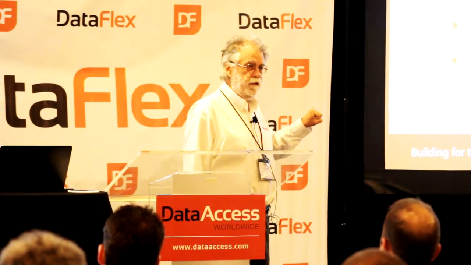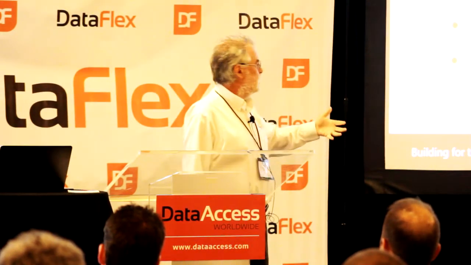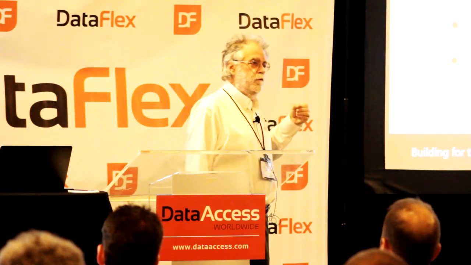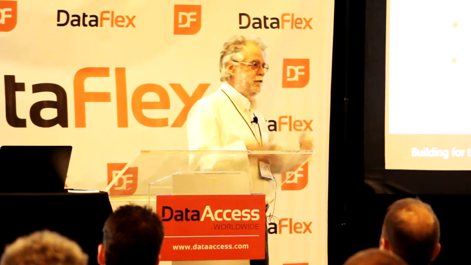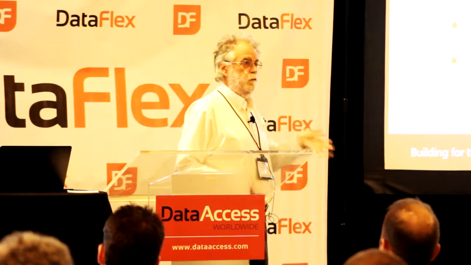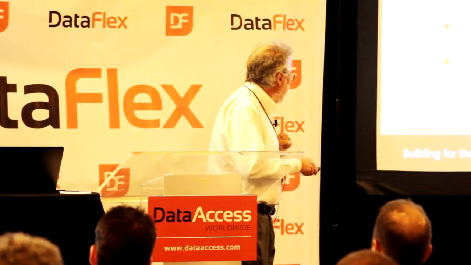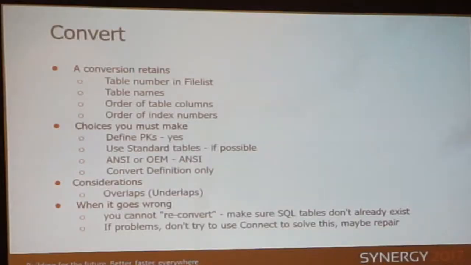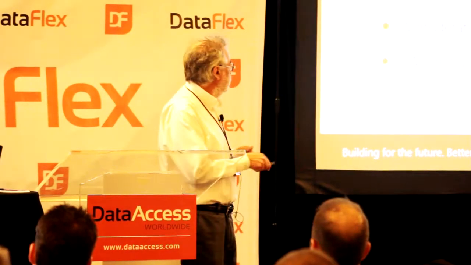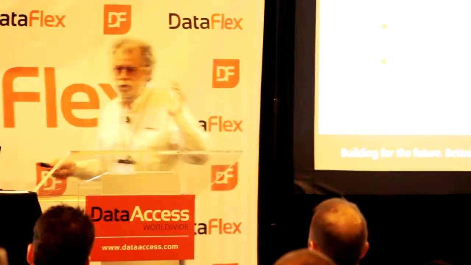What's the solution to that? You go into your back-end tool. First of all, you make sure that you're in the right place, you're doing the right thing, and you really didn't want that previous table, and then get rid of it. The other thing is, if you have problems, then don't go into the connection wizard and try to do a connect, because that's just going to confuse it even further. But you can maybe try doing a repair.